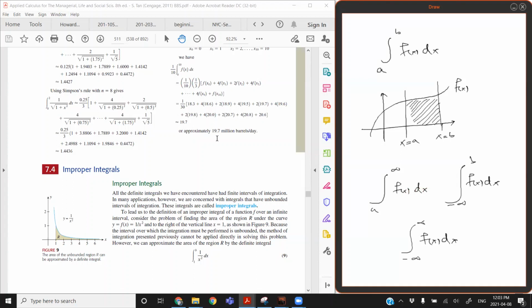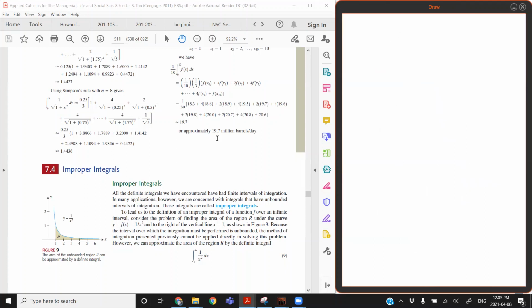So the definition of an improper integral is an integral where at least one of the two bounds is not finite. It's either infinity or minus infinity. Now, you have no problem with this. You already know that. So let's take a look at this example here from the book.